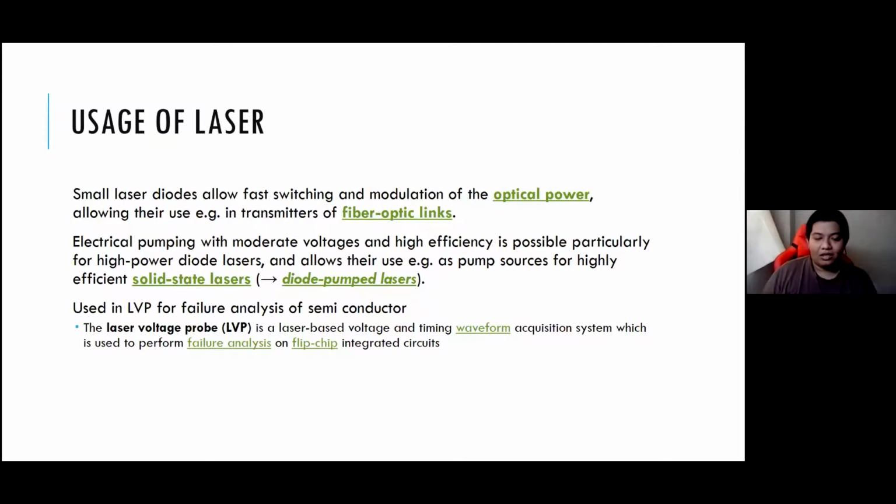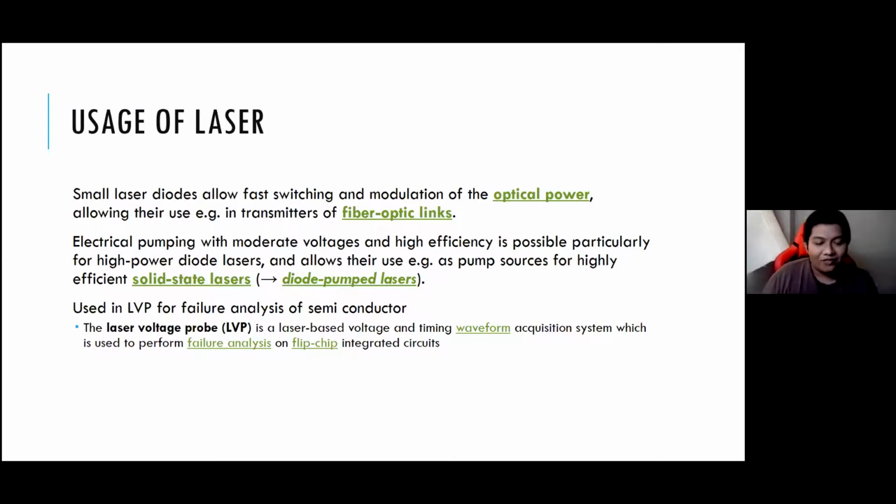Right now we use diode lasers because smaller solid state lasers with high voltage also need a source. One of the sources that can be used for this is a semiconductor laser.